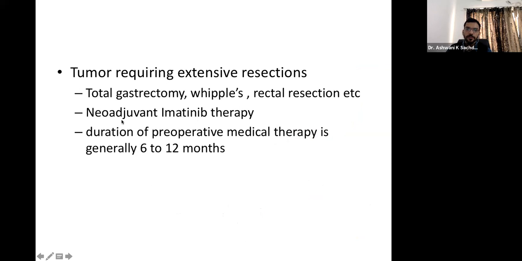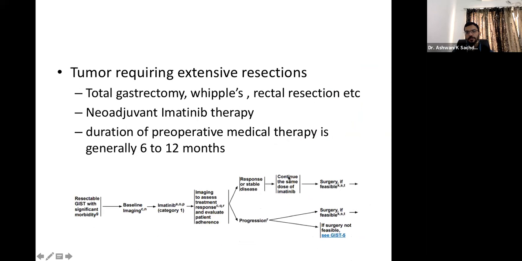Those tumors which require extensive resection, like total gastrectomy, Whipple's, rectal resection, etc., should be treated with neoadjuvant imatinib therapy, and the duration of therapy is generally 6 to 12 months before reassessment. If there is stable disease or some response, continue with the same dose of imatinib, or surgery if possible.